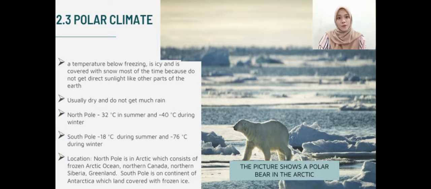However, the South Pole is the continent of Antarctica, which is land covered with frozen ice. This area is full of mountains, which results in it being even cooler than the North Pole. The most interesting fact in this climate is that there are cute animals like penguins and polar bears that can only survive within this climate.